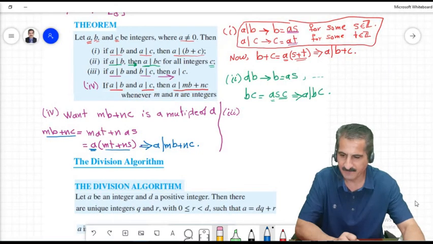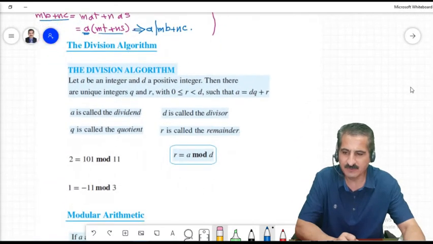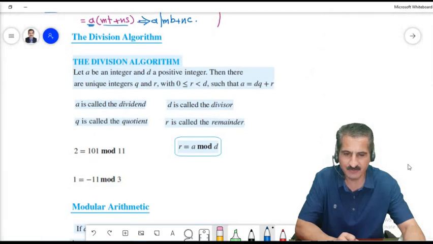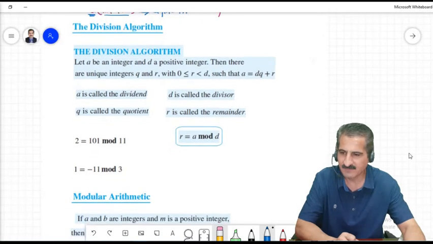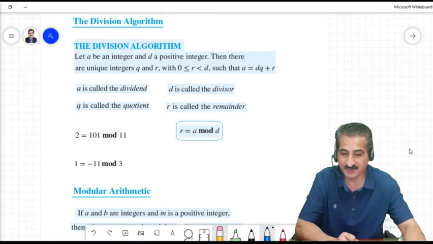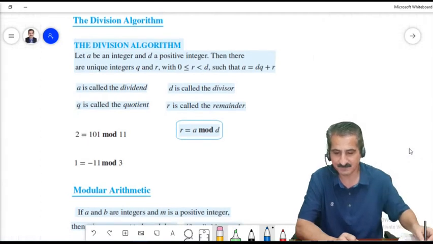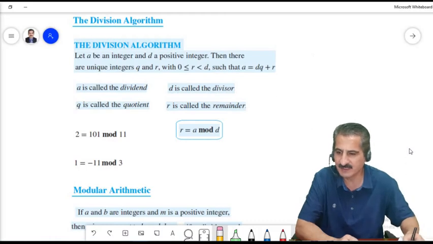Okay, now we go to the division algorithm. You know this since fifth grade or earlier. It is simply about if we want to divide a by d, and we want d to be a positive integer.